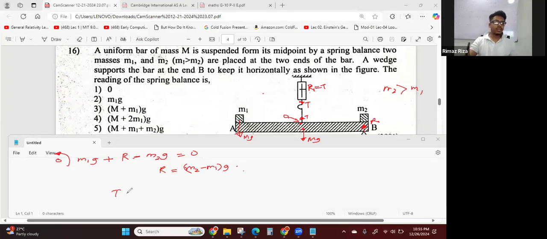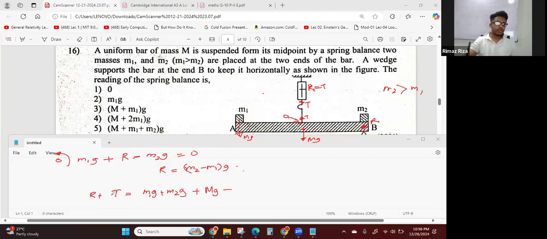So then the tension is very simple. This equals all the forces: M1G plus M2G plus capital Mg minus R, because R is acting upward.